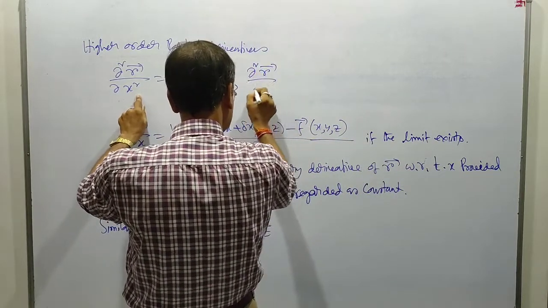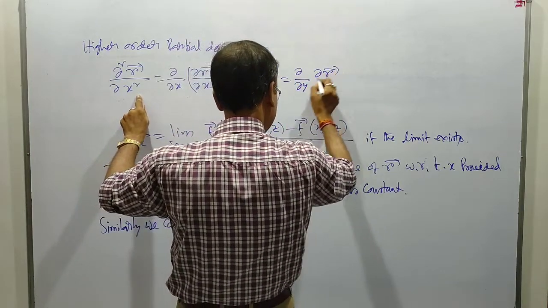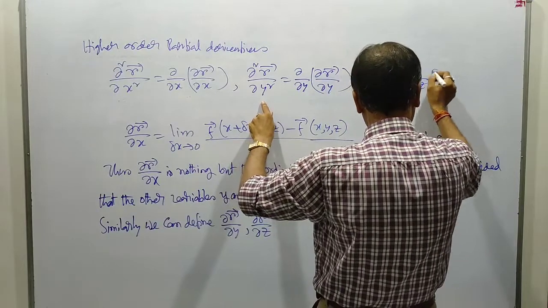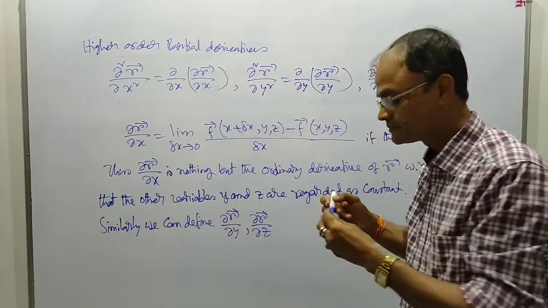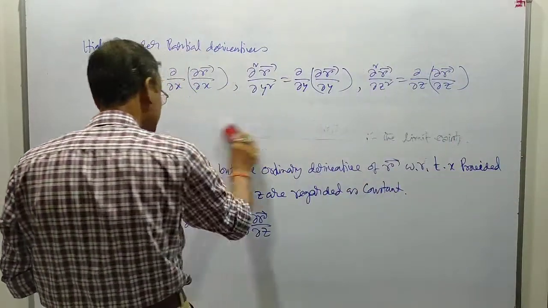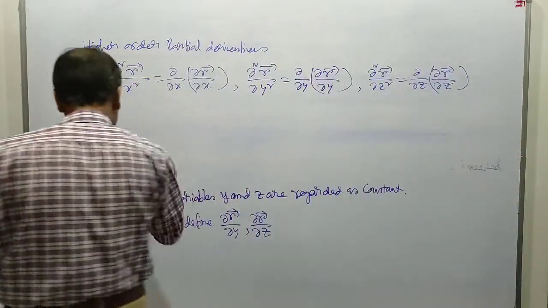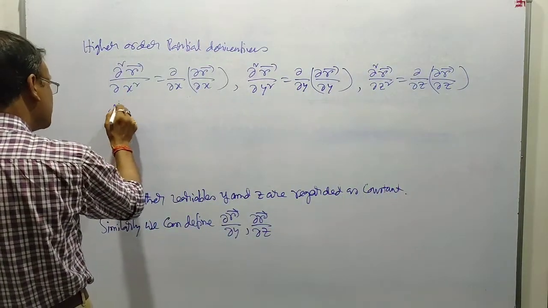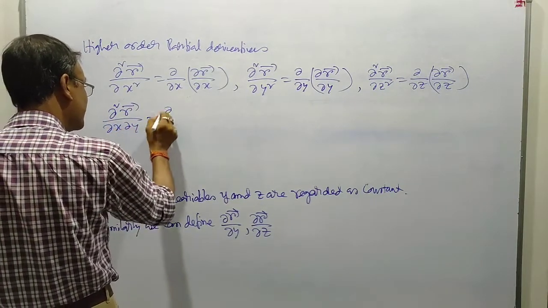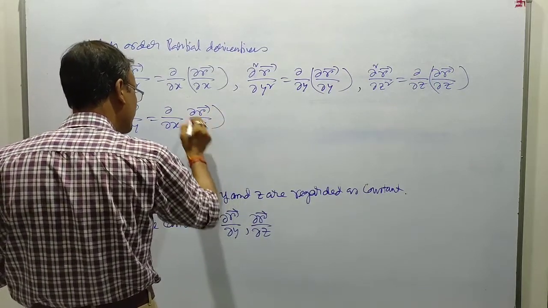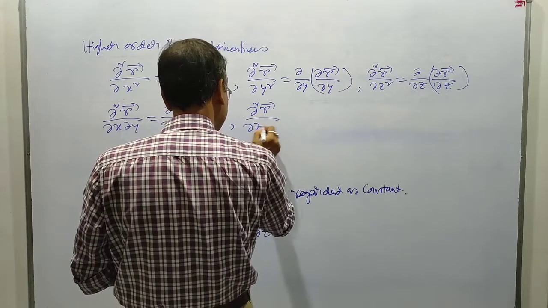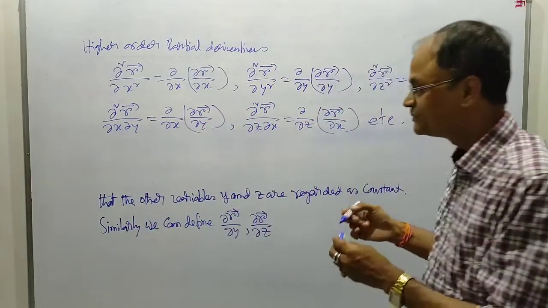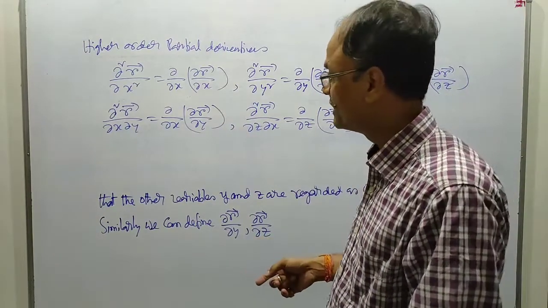Like that, del squared R vector by del y squared, del squared R vector by del z squared, and the mixed derivatives del squared R vector by del x del y, which is del del x of del R del y, and del squared R vector by del z del x, which is del del z of del R vector by del x, etc. We can find the second order partial derivatives like this.